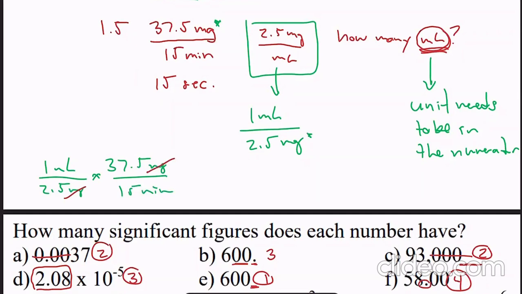But I still have 2 units here. The 2 units I have are milliliters and minutes. So we have to get rid of those minutes. But luckily I have some information here. As awkward as this seems, force yourself to do this. I know it's awkward, but this is a measurement, data, it's information.